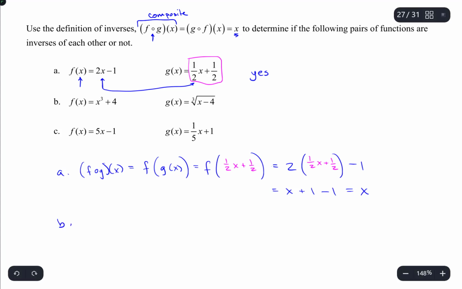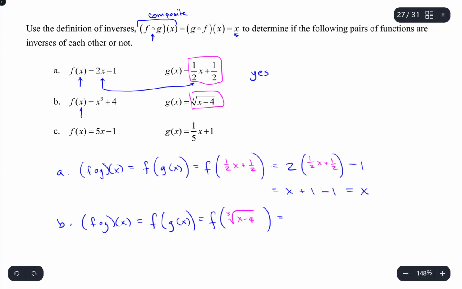All right, let's see what happens with b. So we would do f composed g of x again, which is f evaluated at the function g of x, or f evaluated at, in this case, the cube root of x minus 4.